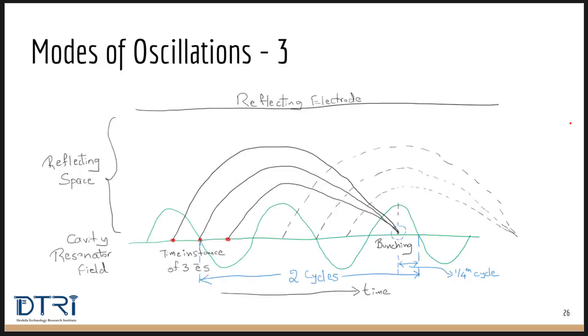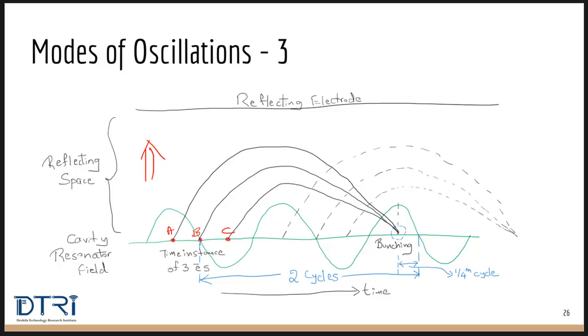Let us put together the varying field created by the cavity, which we call the sine wave, and the bunching effect. Look at this image. Consider the three red dots. These represent time instances of three electrons A, B, and C. Due to accelerating voltage and cavity resonator field, the electrons are moving towards the reflecting electrode.